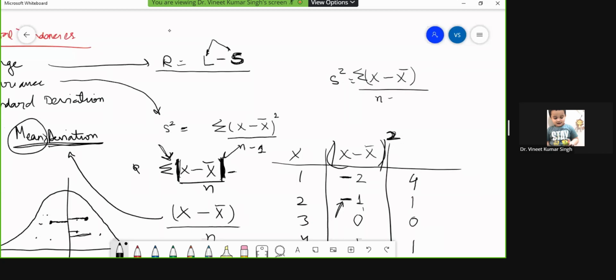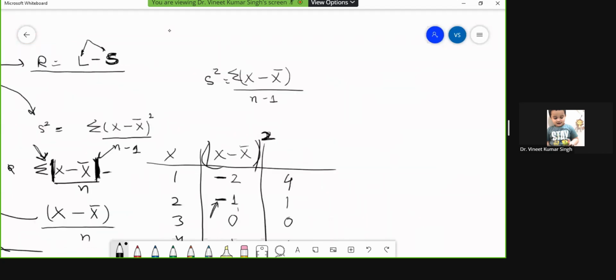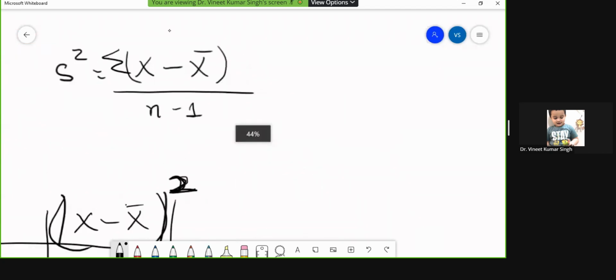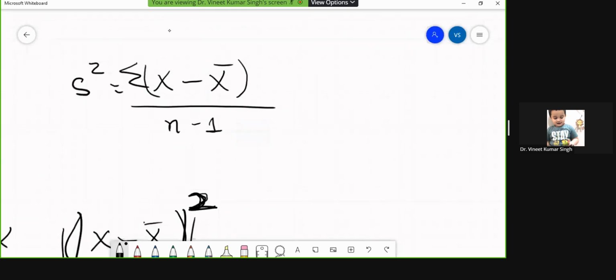For any sample. If it were a population, I'll tell you now what is the difference between population variance and sample variance.